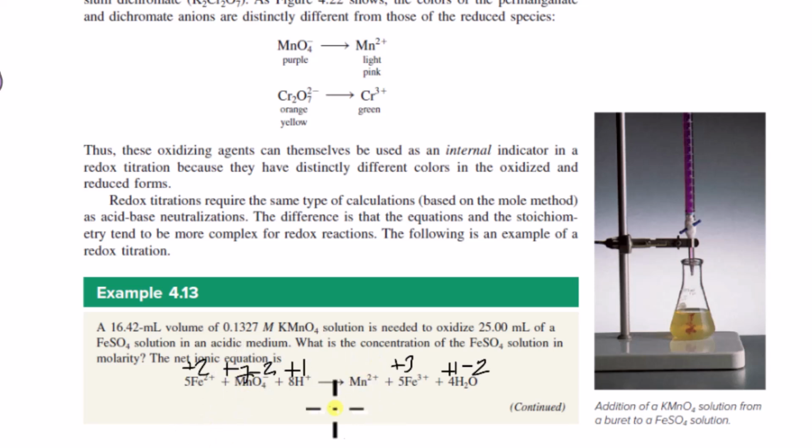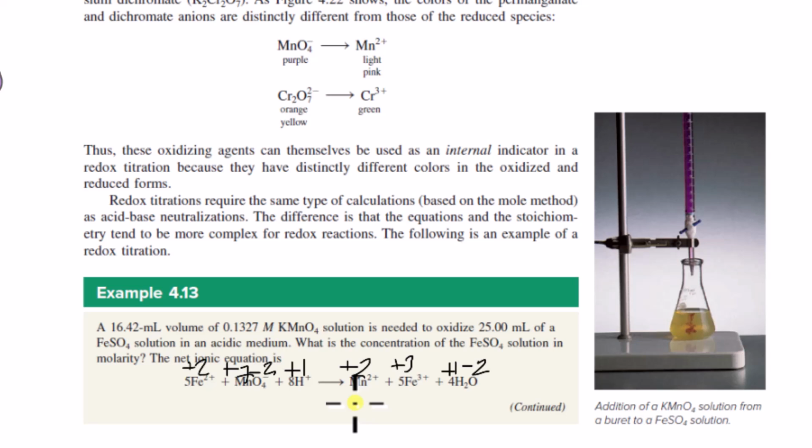Okay, but now the manganese on the product side here, manganese 2 plus cation, has the oxidation state of +2. And there you go. So manganese is reduced. So in this reaction, iron is oxidized and manganese is reduced. Iron is the reducing agent and manganese is the oxidizing agent. Okay, and so the idea of the redox titration process that's being conducted here is this.